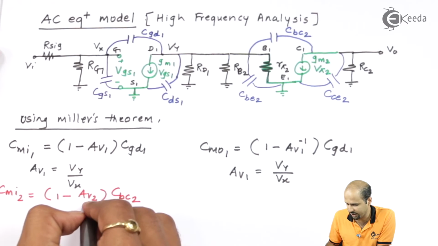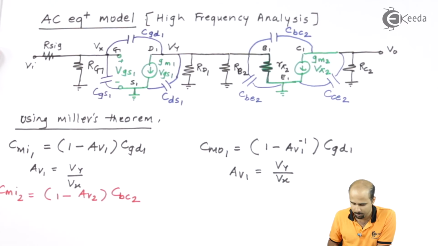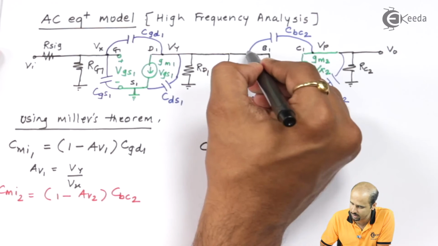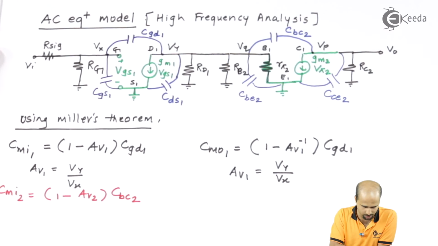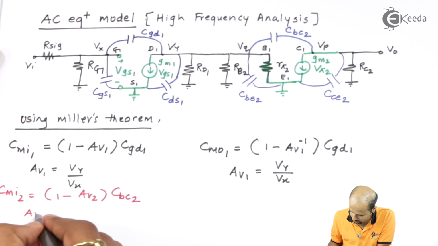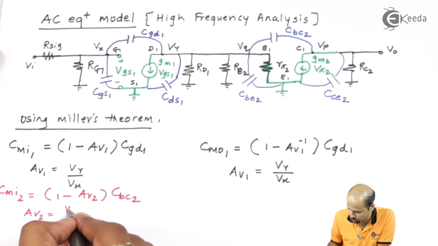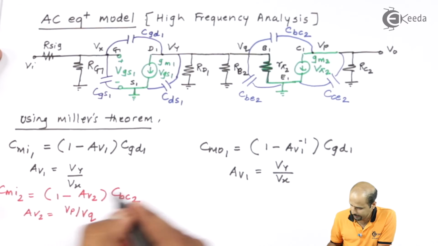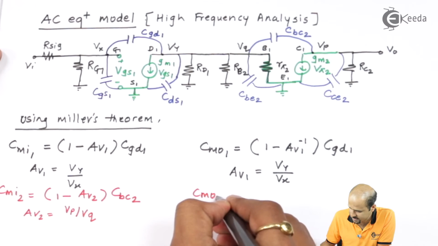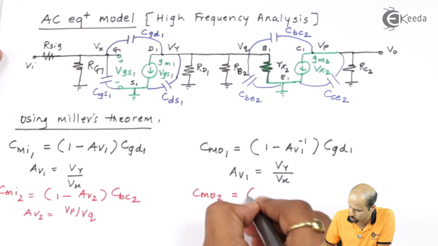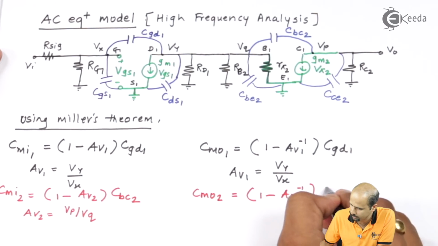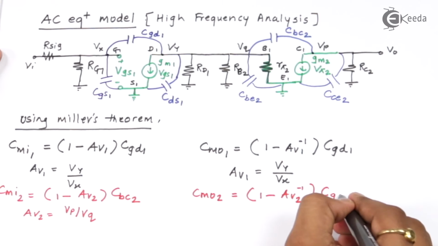Instead of AV1, I will write AV2, whereas AV2 is, let's say, VP and this is VQ. So the value of AV2 is equal to VP divided by VQ. Similarly, at the output side of stage number 2, CMO2 will become 1 minus AV2 inverse multiplied by CGD2.